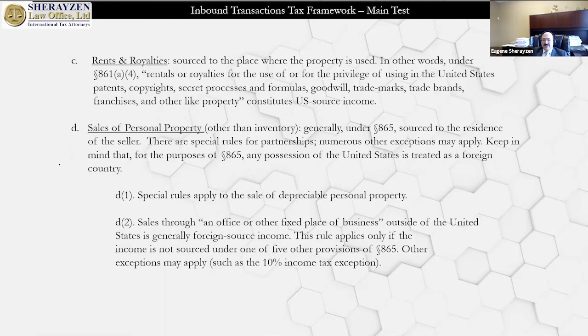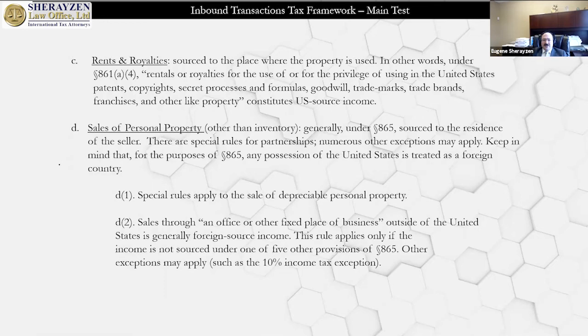But the biggest issue, and this is going to be very relevant for the purposes of inbound transactions, is sale of inventory. This situation is very common. For example, a few years ago, I had a case where a foreign parent was producing some inventory goods and basically sending it to a distribution center here in the United States.